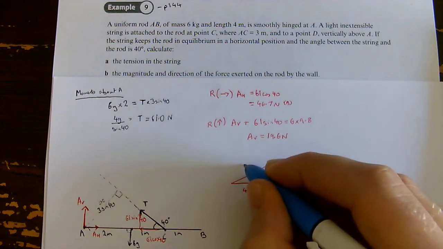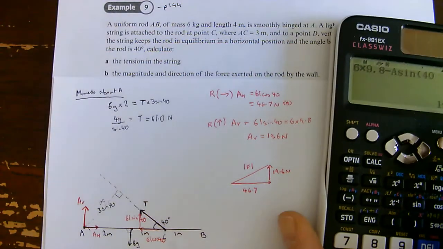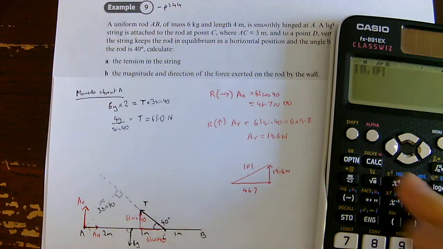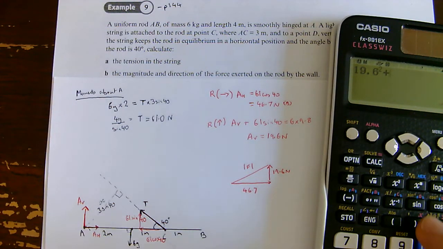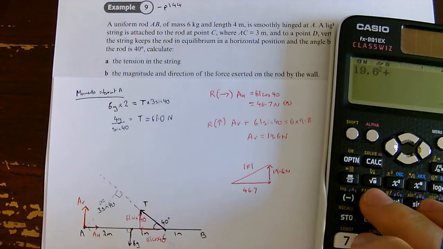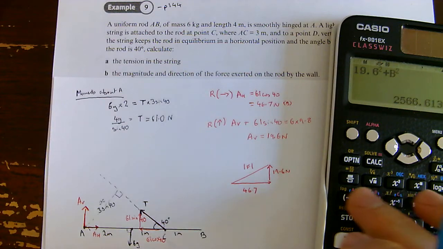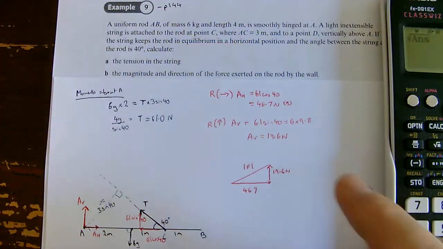So the magnitude of the force is going to be the square root of 19.6 squared plus 46.7 squared, which is 51 newtons.